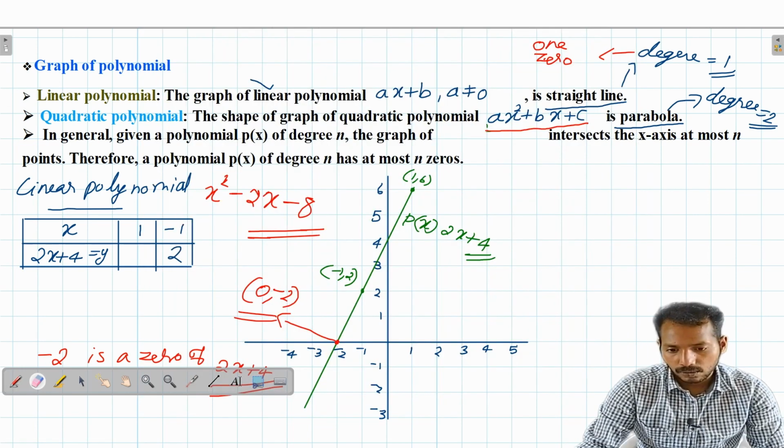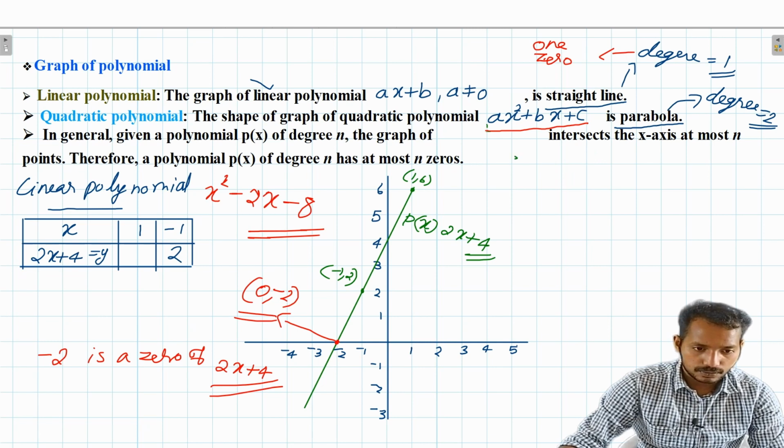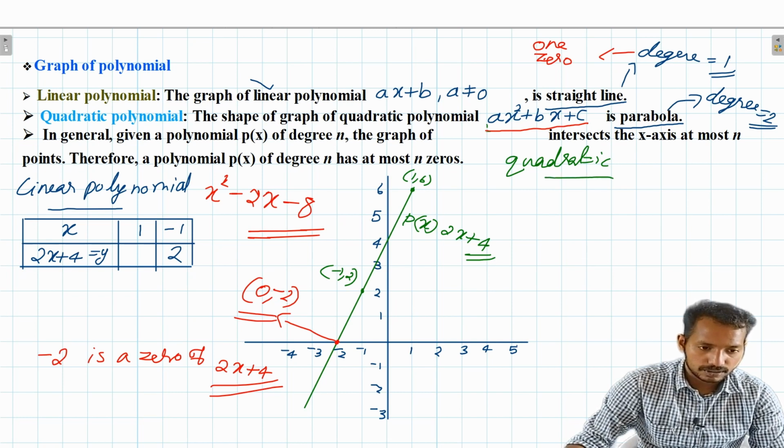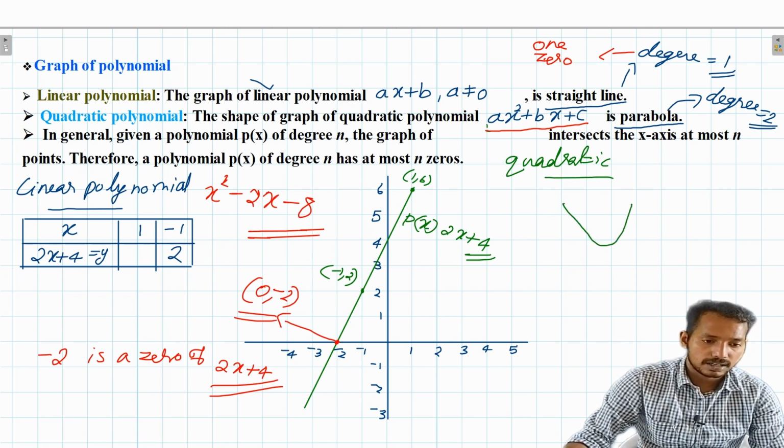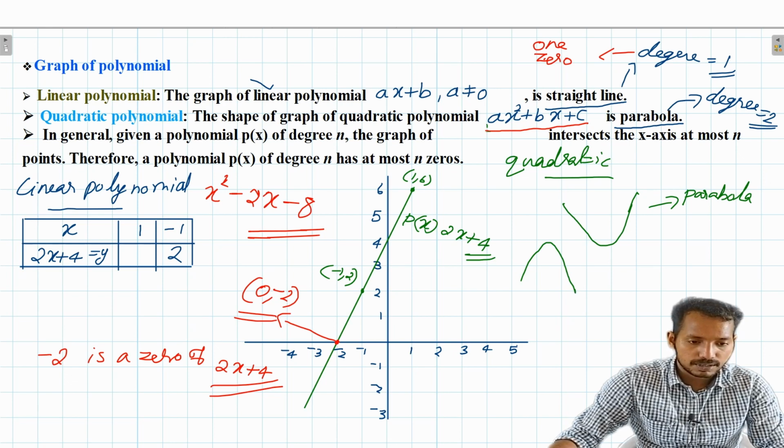Now on plotting the graph, we got a parabola. So in case of a quadratic polynomial, it is a curve, and this curve is called a parabola. In case of a quadratic, there is one more possibility, that it can be downward.